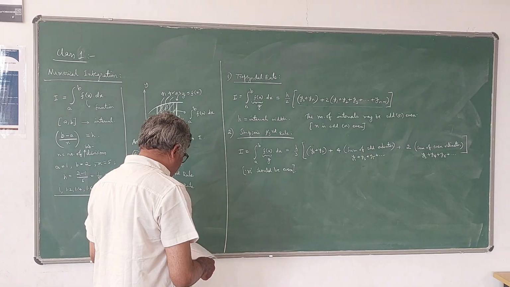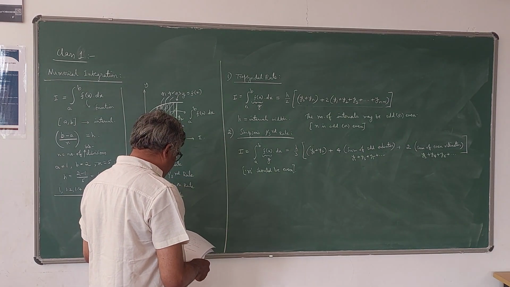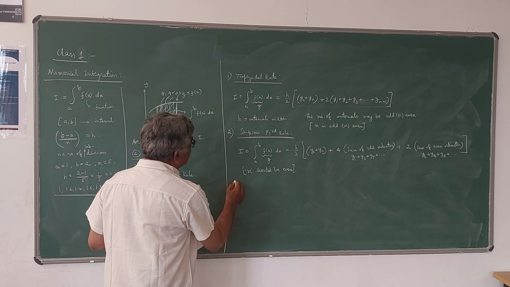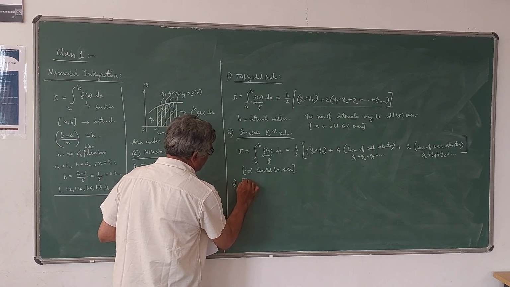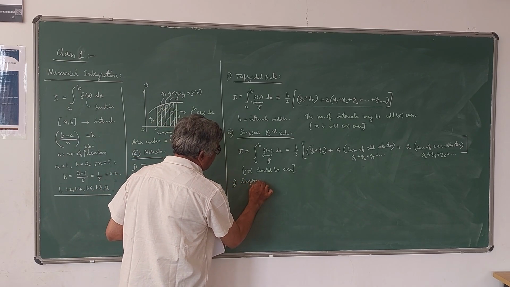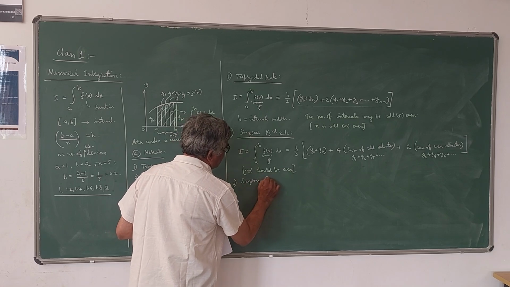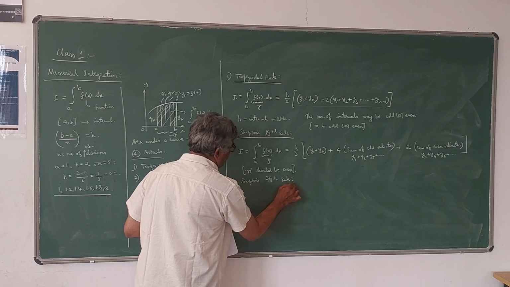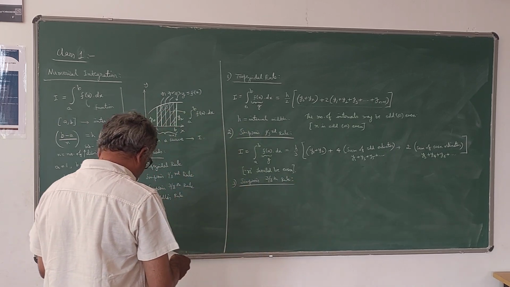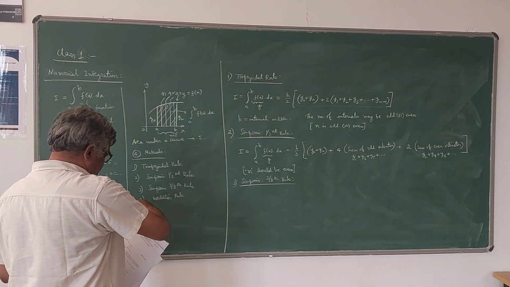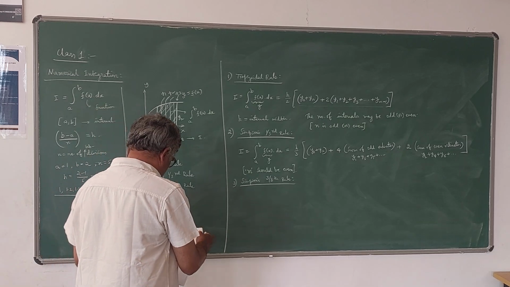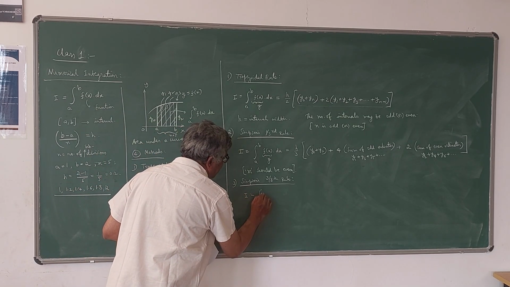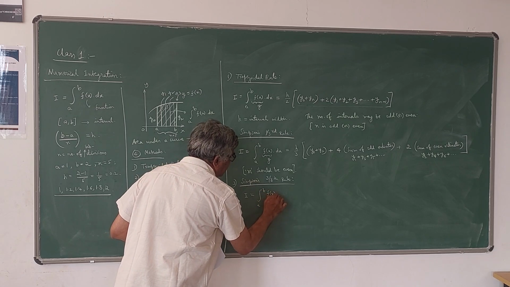Next we will go to Simpson's 3/8 rule. I am giving the formula for all; later I will take a problem. Simpson's 3/8 rule states like this: I is equal to 3h by 8, integral a to b f of x dx.